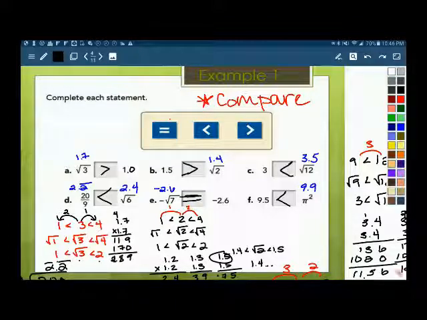So when we compare these numbers, we're just going from left to right, which of the numbers are equal, and then finding, as we move our eyes to the right, if one is bigger or smaller. So A should be greater than, B should be greater than, C should be less than, D should be less than, E is equal. We did have to round that one to the 10th. If we did keep going to the 100th, perhaps they would not be equal on that one. And then F was less than.